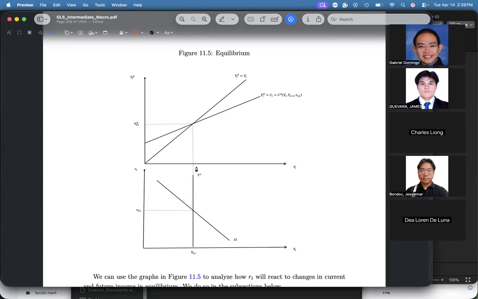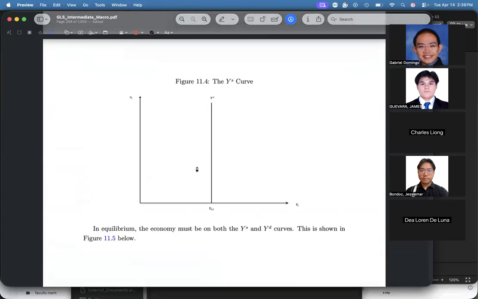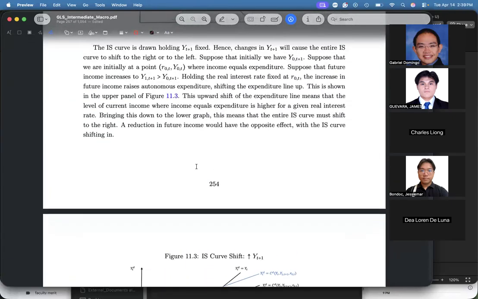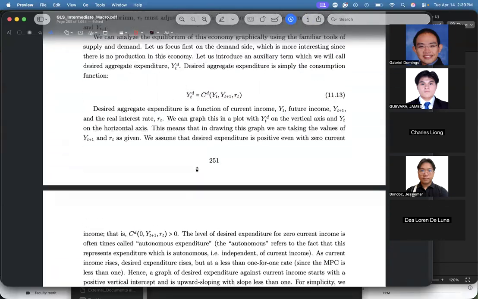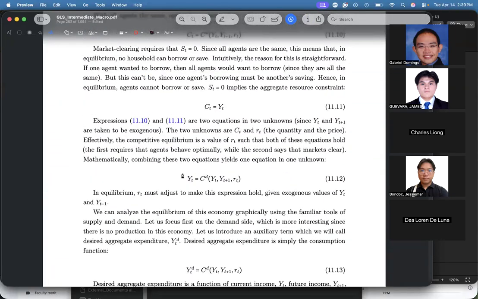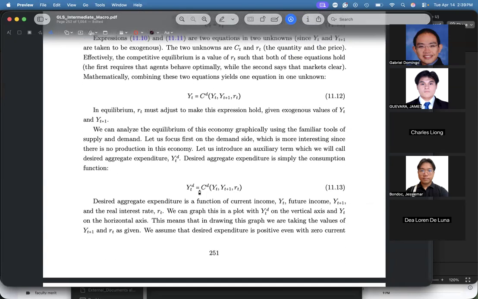Now that we have this picture, we will recall the equilibrium condition. Where's the equilibrium condition? Here. This is essentially the desired or planned expenditure YD.